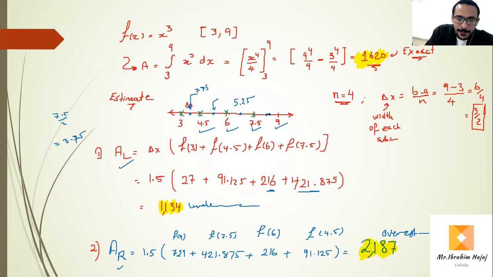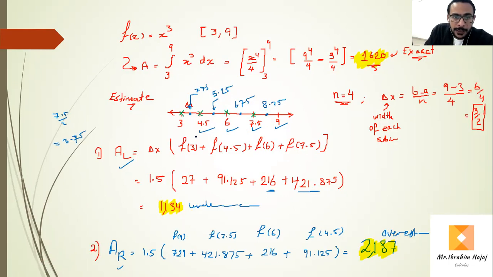And the last point, 7.5 plus 9 divided by 2, is 8.25.